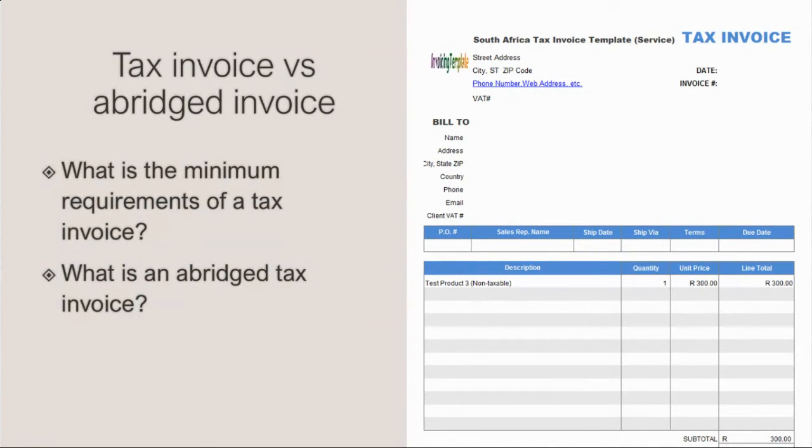Okay, so what do you guys see on the screen? What information is there? Okay, they haven't filled in all the fields, but it gives you an indication what should be there.